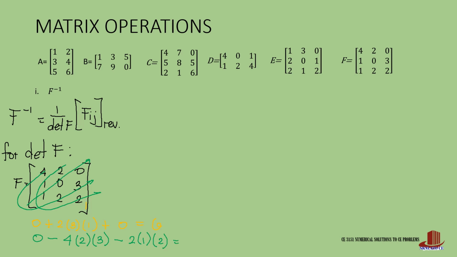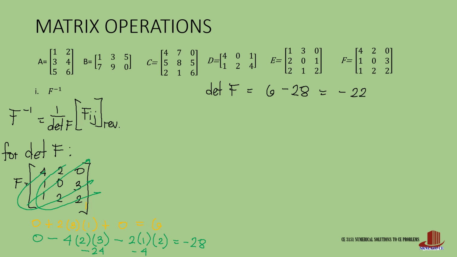So if we simplify, we have here negative 24 minus 4, giving us negative 28. So our determinant is taken as 6 minus 28, or that would be negative 22.